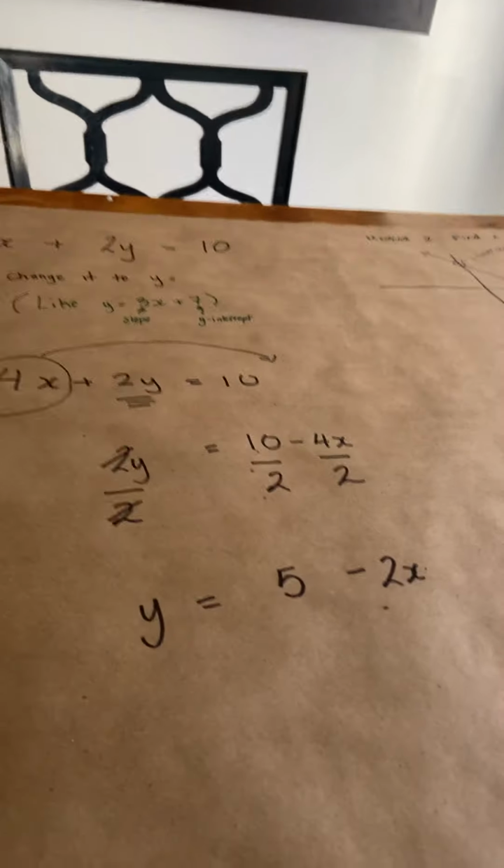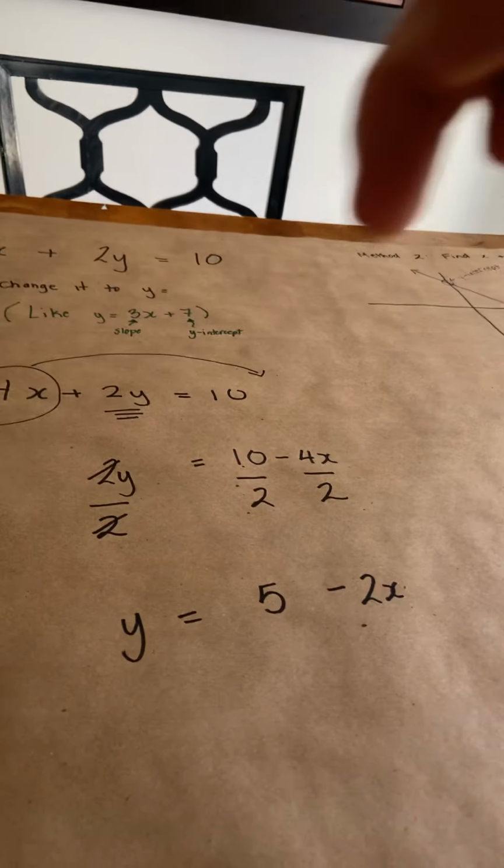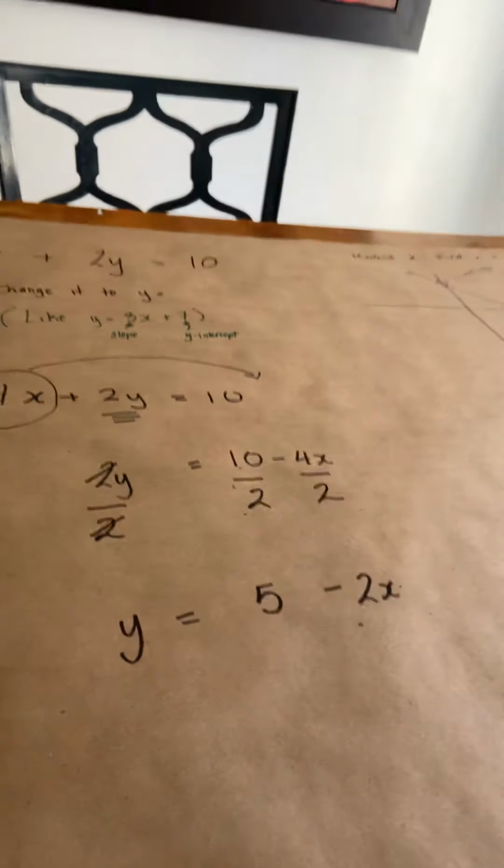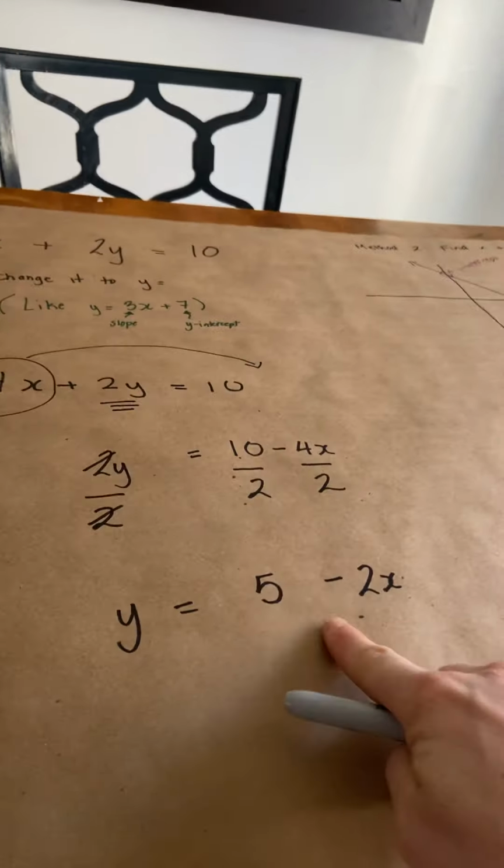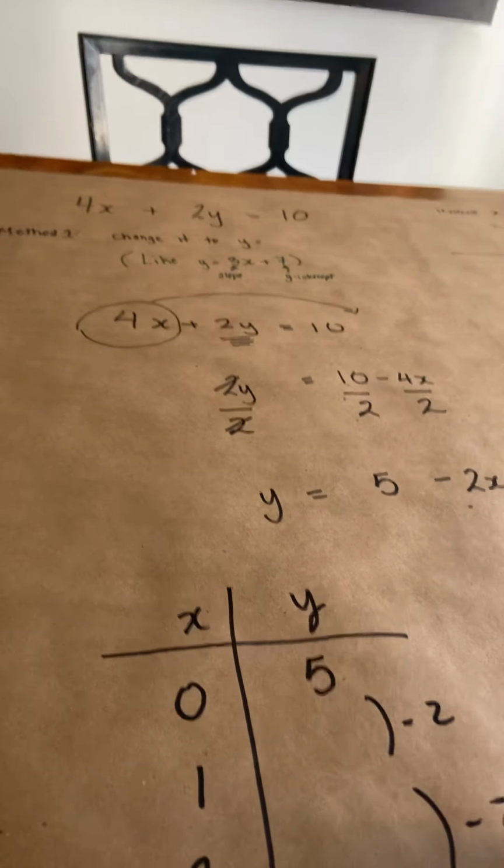Up there we had a 3 with the x. Now I have a minus 2 with the x. That's the slope. And the part that's all alone, the 5, that must be the y-intercept. So I would make a table. At 0, it starts at 5, and it is going down by 2 each time.